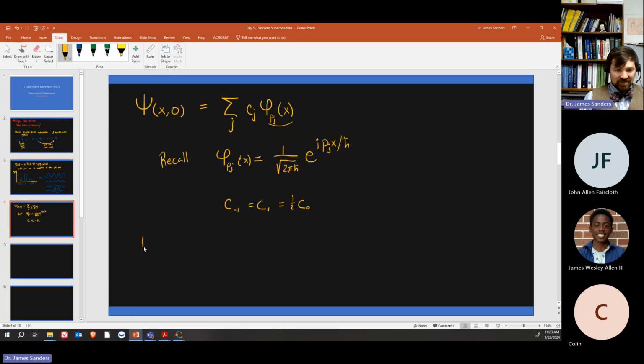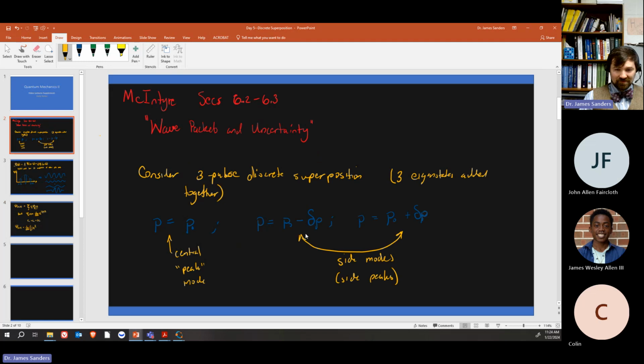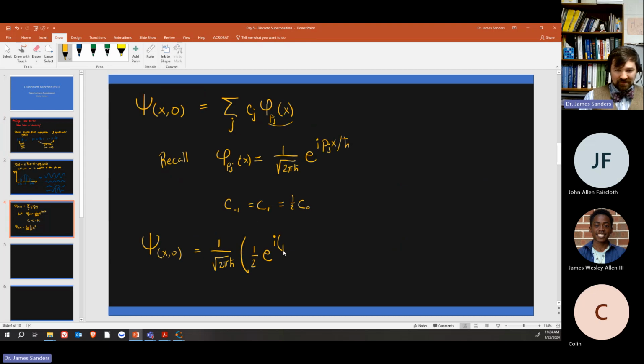So that basically means that we expect psi of x comma 0 to look like 1 over square root 2 pi h bar times, first term, 1/2 e to the i, and now we have to put in our momentum. Our first state's momentum, the minus state within the superposition, is p naught minus delta p, times x over h bar.